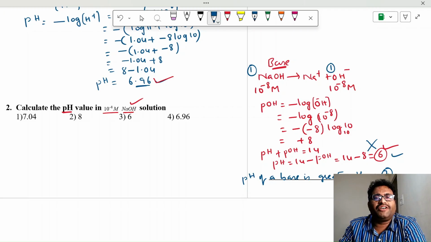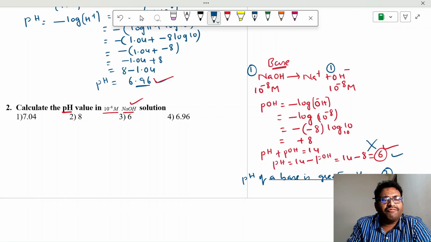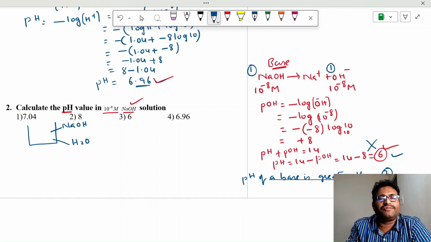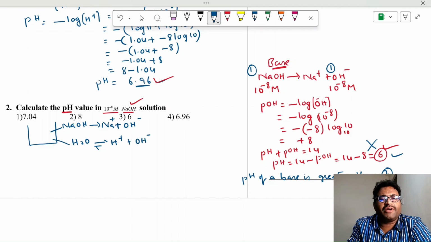Then how to solve it? Now here we have NaOH solution, and along with NaOH we do have water also. NaOH dissociates into Na plus plus OH minus, and water dissociates into H plus plus OH minus.